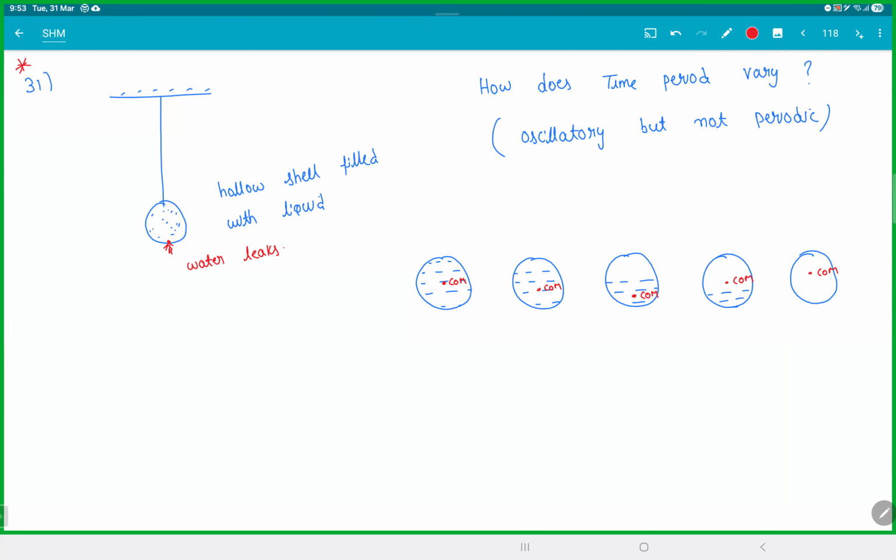So as the mass is decreasing, the center of mass actually shifts downward. So if you look at the motion of the center of mass, it goes down and comes back to the initial position. So when it is full, it is at the center. When it is empty, it is at the center. Goes down and then comes up.